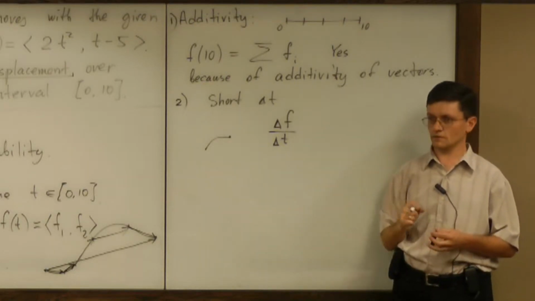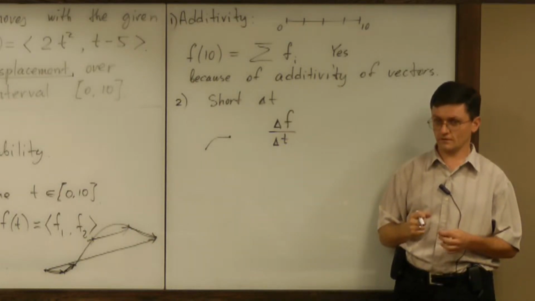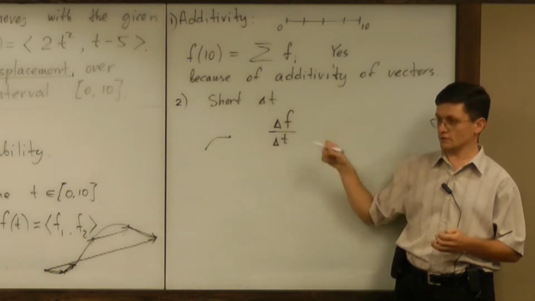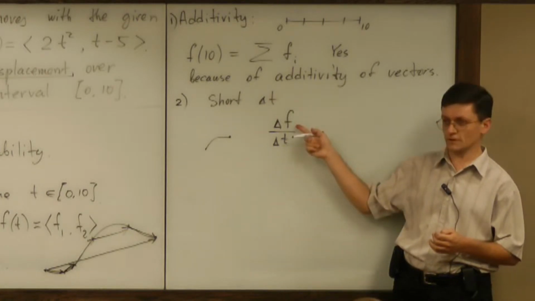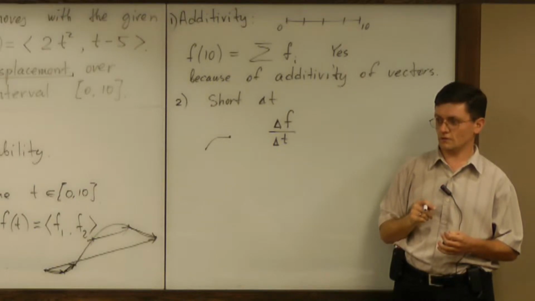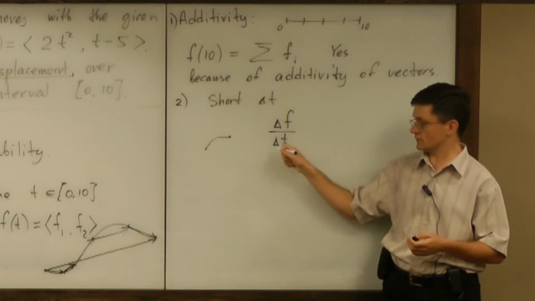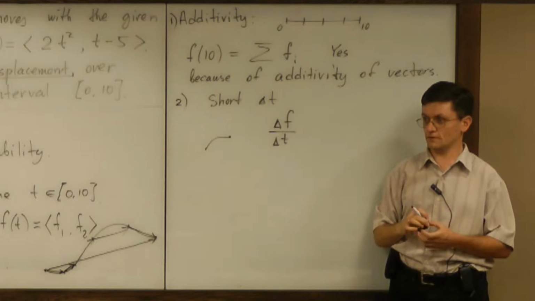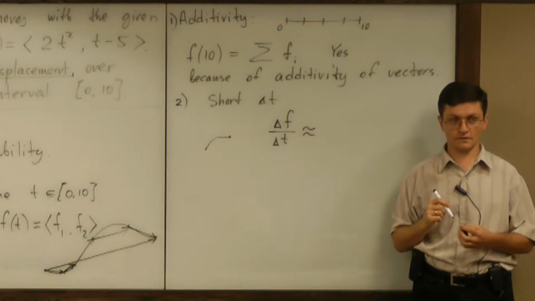Does it even make sense? Because we are not dividing numbers. The denominator is a number, but the numerator is not. It's a vector. So we divide a vector by a number. Why should we expect this fraction to be something as we let delta t go to 0? And what is it that it becomes?